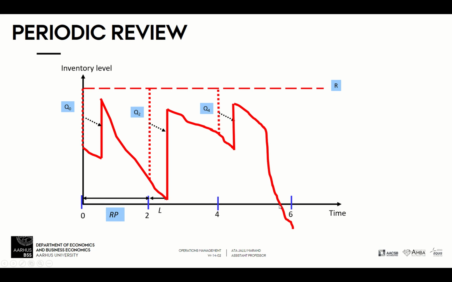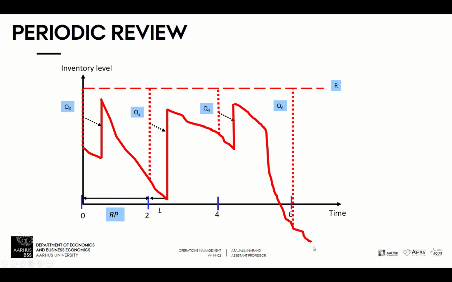And then in week 6 we will check our inventory. Of course it is less than level R. We will make an order to increase it to level R, and here as we can see the size of this order is greater than R. So we make a big order of size Q6.